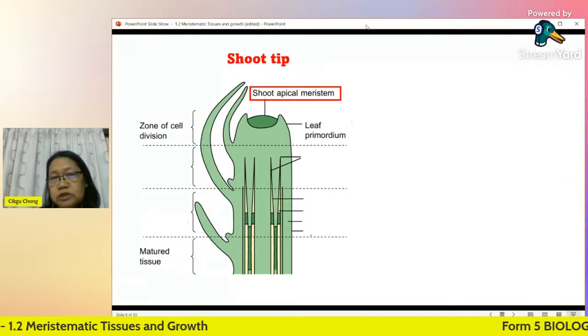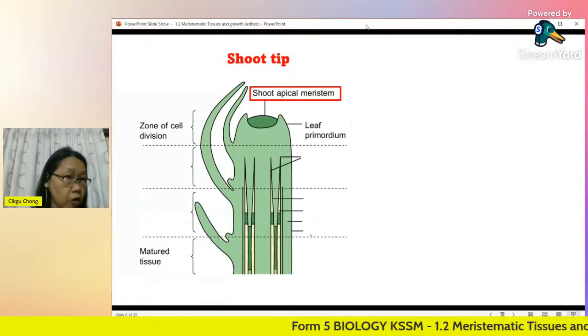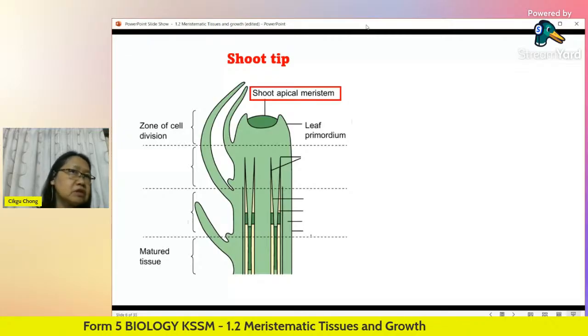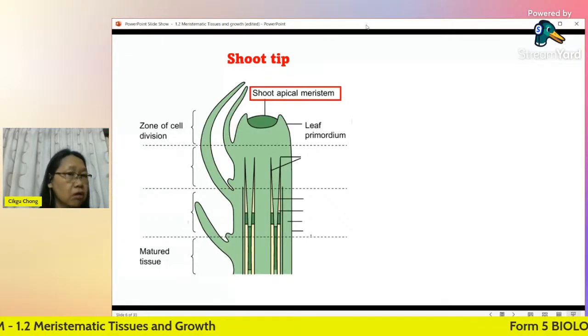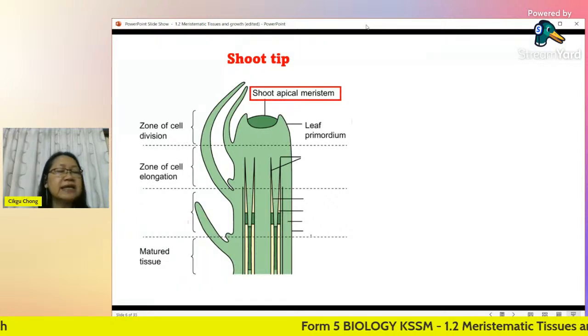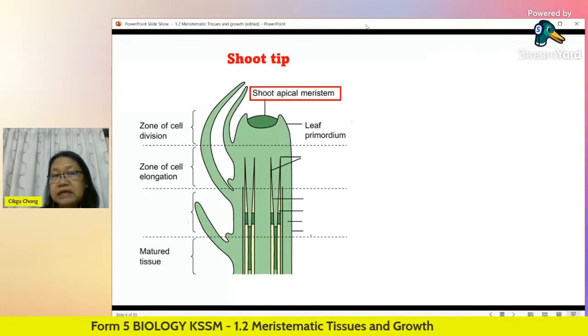Now further downwards, after the new cells are formed by cell division, maybe some weeks later, these cells will become longer. So they'll be pushed downwards into the zone of cell elongation.